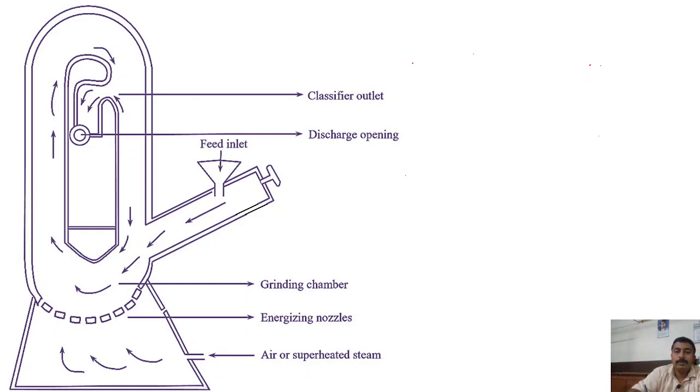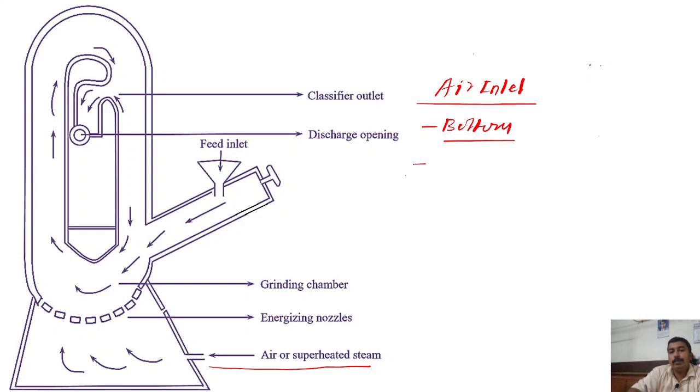The first part is the air inlet. Where is the air inlet? The air inlet is present at the bottom. Through the air inlet, the high velocity air is introduced. This air means the gas is an inert gas.